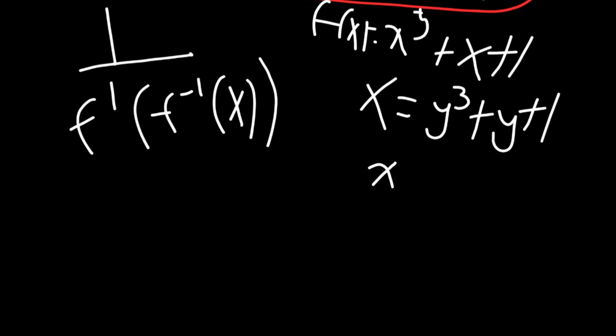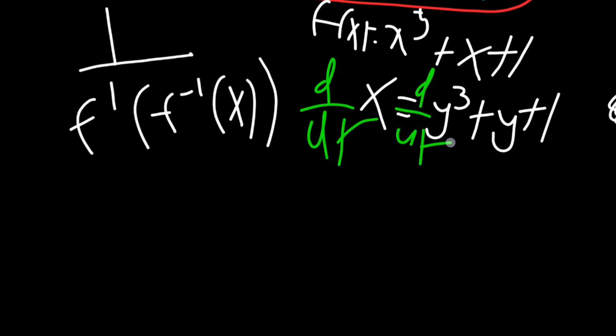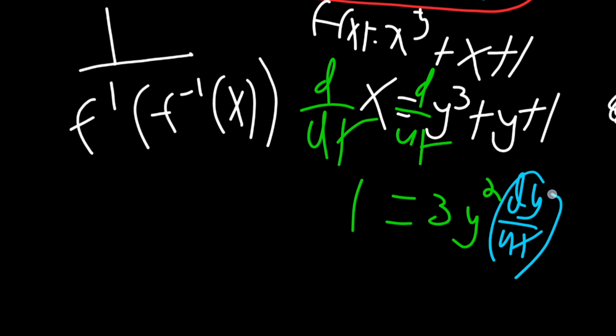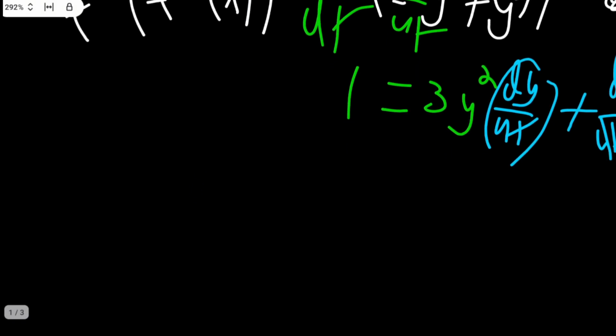So what we're going to have to do is, right off the bat, derive it implicitly, because this is our inverse already. It's just not simplified to where the y is isolated. So let's just do implicit. We're going to get 1 equals 3y cubed dy dx plus 1, which is just going to be plus dy dx, plus 0, factor out the dy dx.